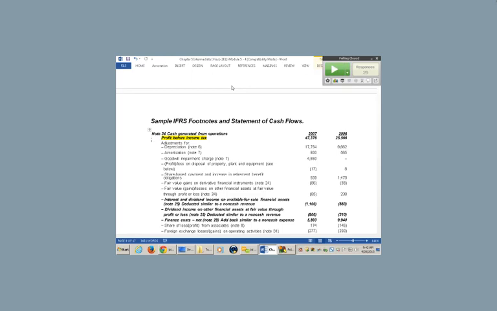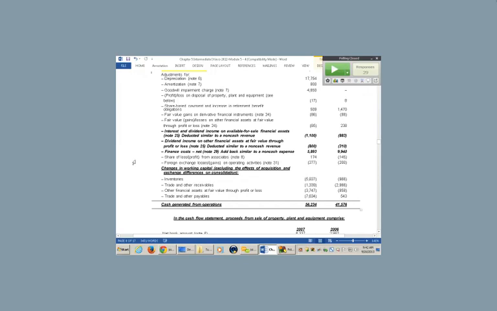And then interest, your finance costs, are added back because, again, we're trying to get a clean measure of operating income. So what you have here is exactly what I mentioned before. When you do your changes in your operating working capital accounts, you get cash generated from operations.